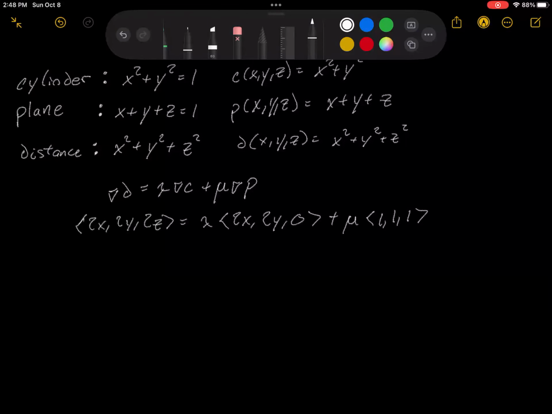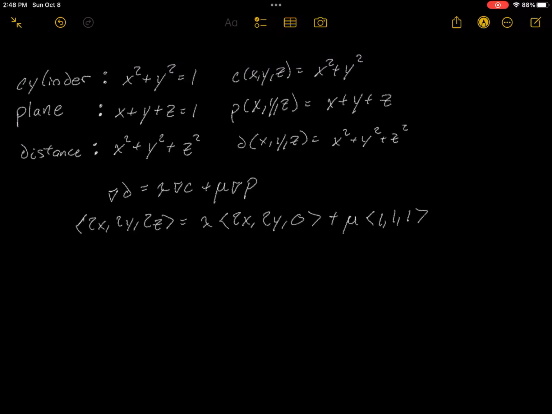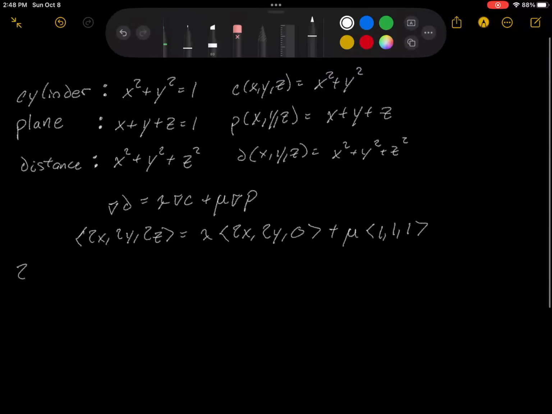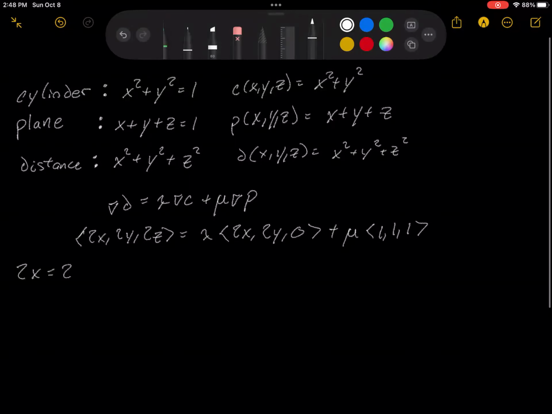All right, so this is going to open up a system of 3 equations. The x component: 2x must be equal to 2x lambda plus mu. The y component says that 2y must be 2y lambda plus mu. And the z component says that 2z must be equal to 0 lambda plus mu.